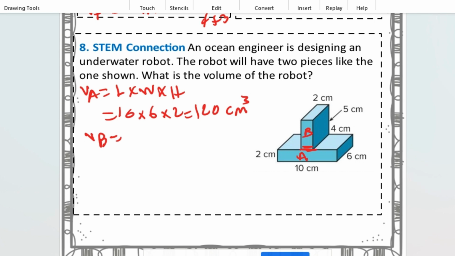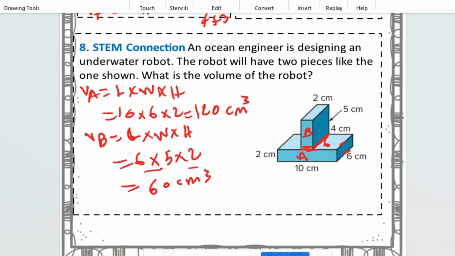We want to find this number here, which is pretty much 6, because here is 6, this one is 6, also this one is also 6. So it will be what? Let's just put the formula, L times W times H, which will be 6 times 5 times 2, which will be what? Which will be 5, this is 30, and times 2 is 60, so 60 centimeter cube.